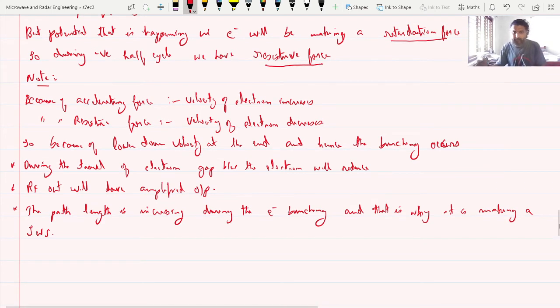The path length is increasing during the electron bunching, and that is why it is making a slow wave structure.